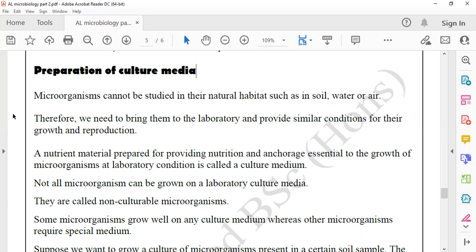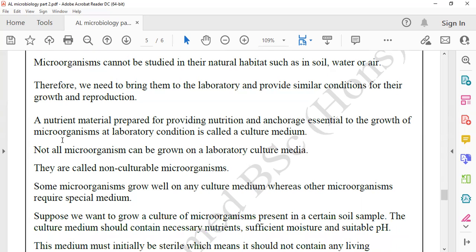So we are growing them and concentrating them in a place. Your book says you can't study natural habitat microorganisms, so we have to bring them to the laboratory and provide similar conditions to support their growth and reproduction.